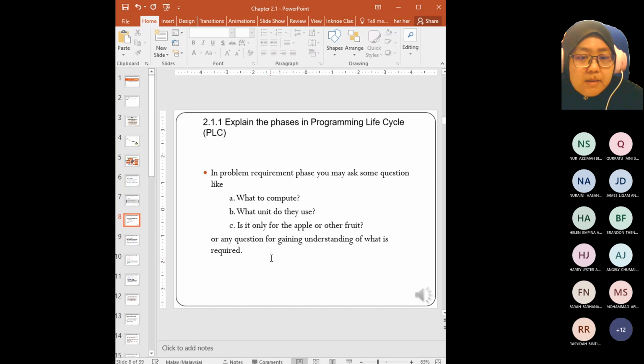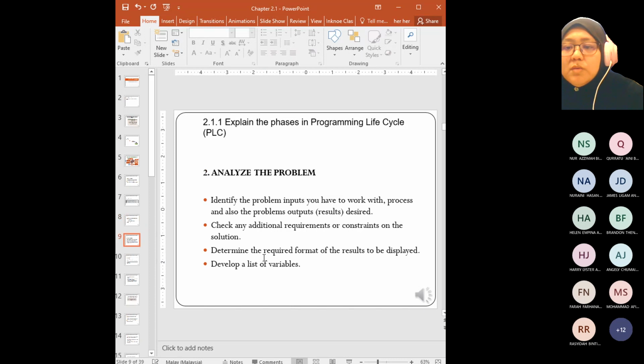Okay. So next, after we find out the answers that you need for suggesting a solution, you go to the next phase, which is analyze the problem. So dah tahu apa masalahnya, sekarang ni nak kena huraikan satu persatu setiap benda dalam masalah tu.